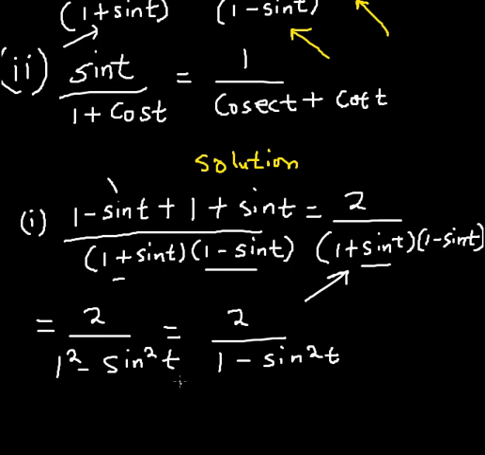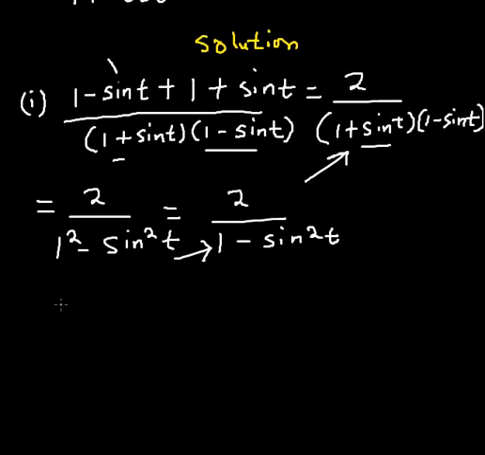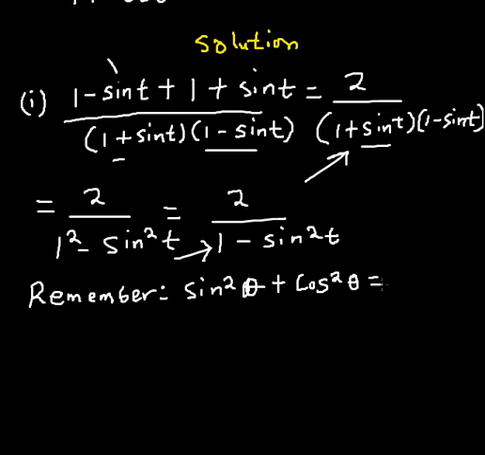So let's look at where we get this expression, where does it come from? Now let's look at the very first identity, remember the very first identity that we actually derived. Remember that sine square theta plus cos square theta is equal to 1.